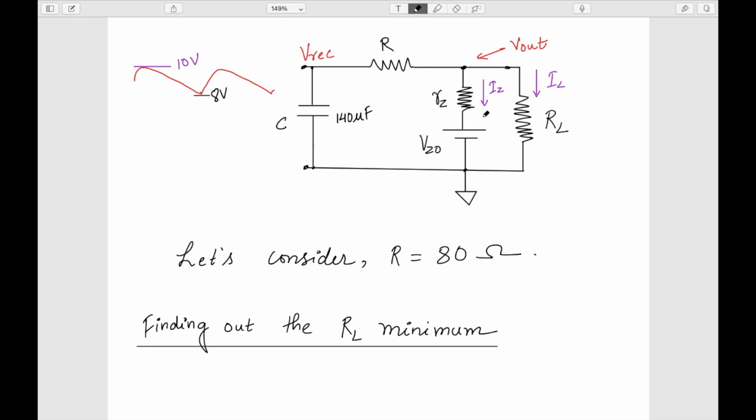To find this RL minimum, we just want to know when the Zener has just started breaking down. Basically, the current flowing through this will be minimum, as small as just the knee current IZK, and it has just started breaking down and this IL is maximum.